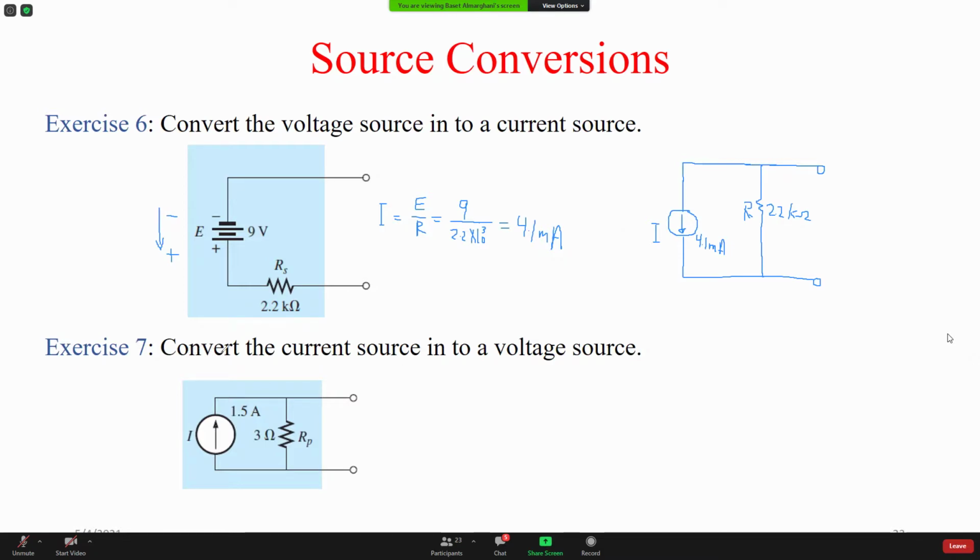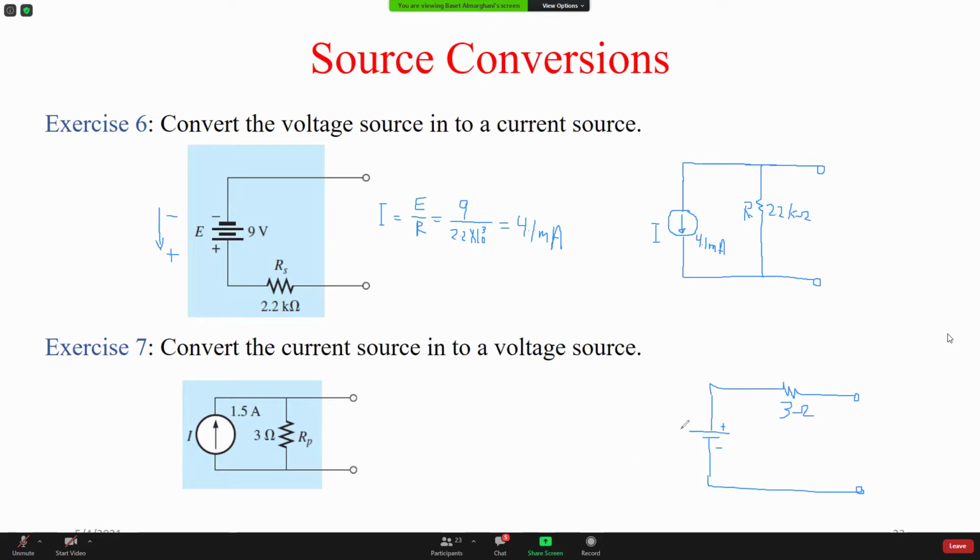Now, the second question, convert the current source into a voltage source. I look at it, it's a DC. So the voltage source that is equivalent to this will be a battery. And now the polarity is according to the current. Current is going up, so the polarity is like that. The positive is here and the negative is here. And a resistor is in series. Those are the terminals. 1/3 of the question. This resistance is 3 ohm.